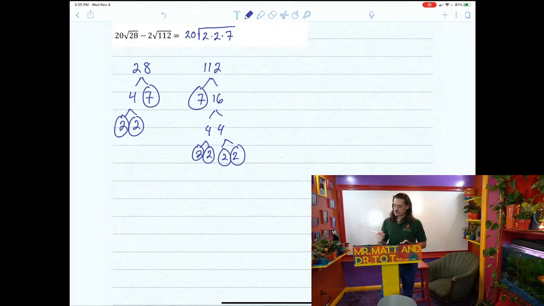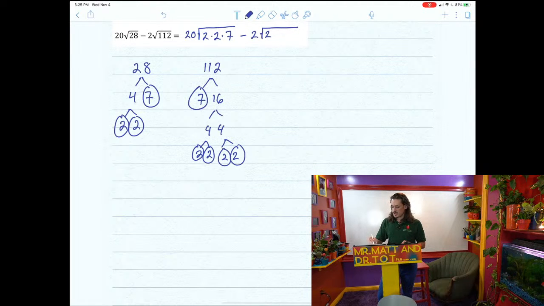The second term, 112, will break down into 7 times 16. 7 is prime, so we can't break that down anymore. But 16 breaks down into 4 times 4, each of which break down into 2 and 2. So we can rewrite the second value as 2 times the square root of 2 times 2 times 2 times 2 times 7.